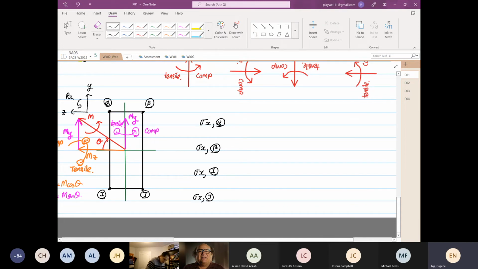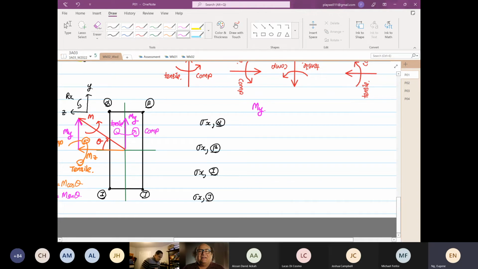The moment that we're going to look at is MY. I'm going to write MY in pink, so I want you to focus on the pink vector.